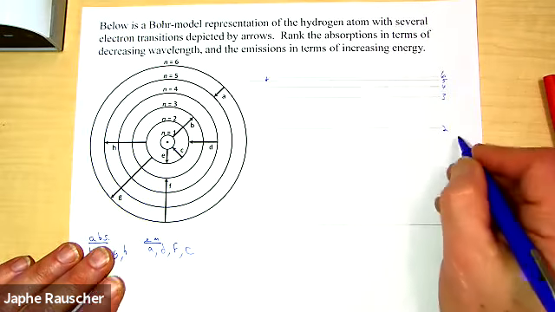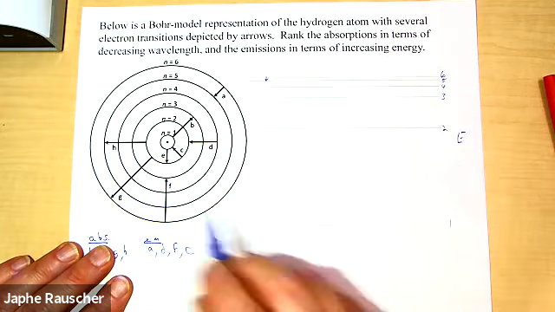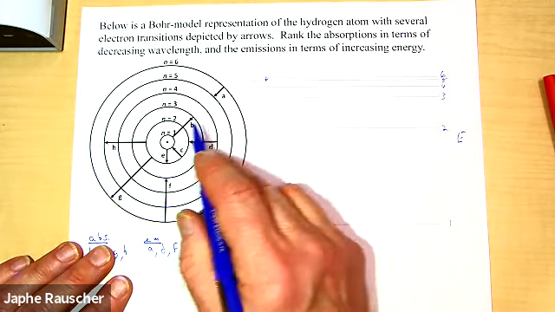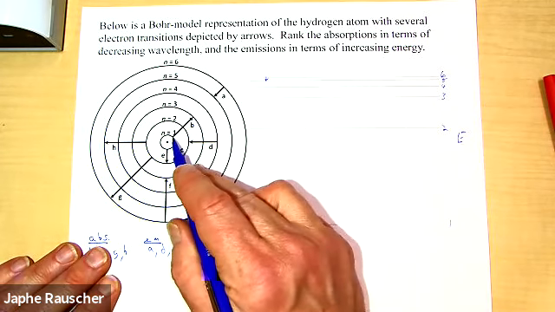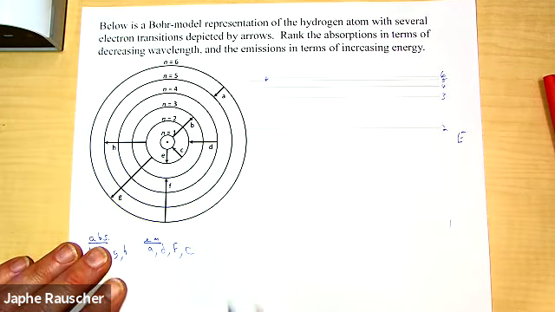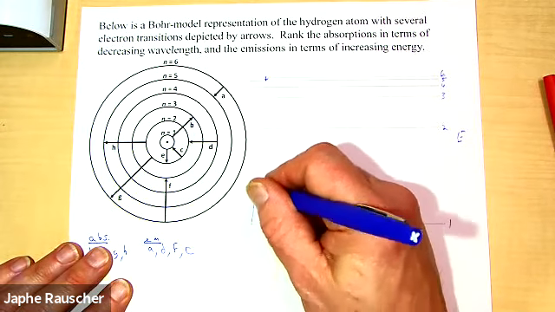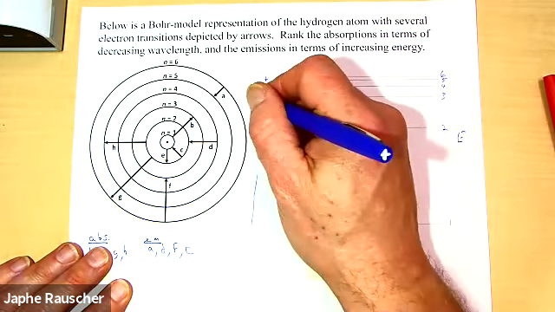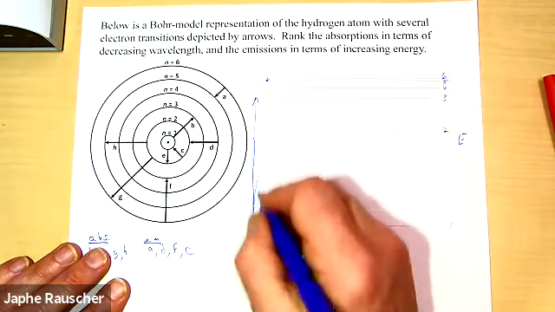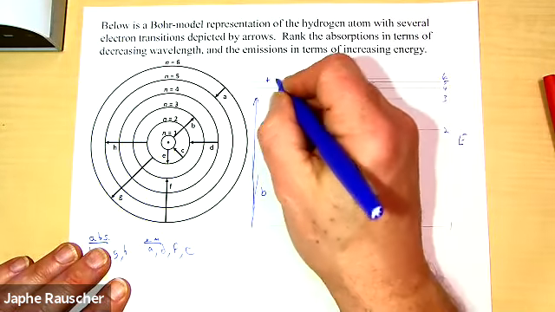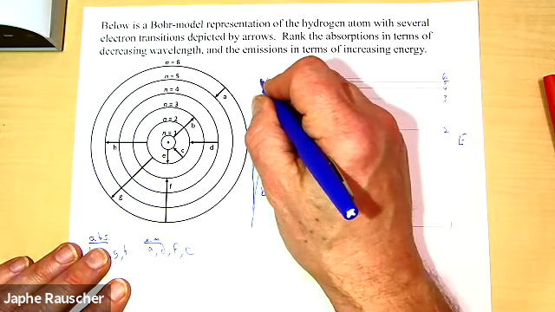The next one is B, which goes from 1 up to 3. That's a large one, so B is very large. A is pretty small.